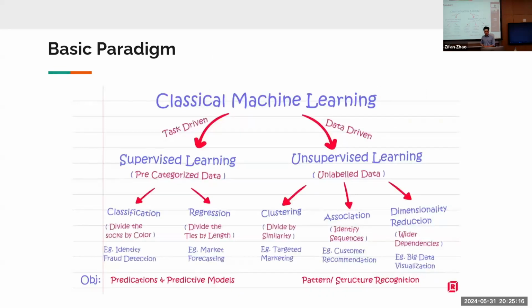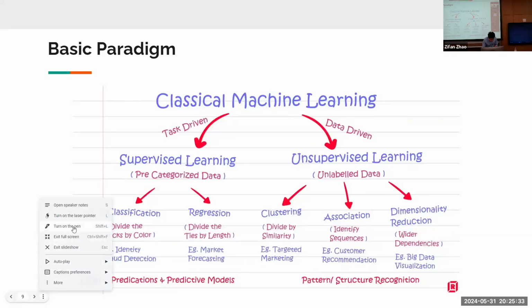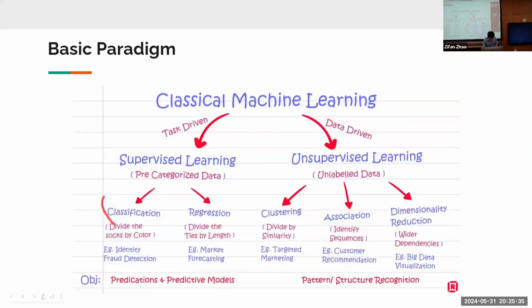So next, I'm going to briefly cover some of the basic paradigms in machine learning, where the two major distinctions are supervised learning and unsupervised learning. Under supervised learning, we have classification and regression.